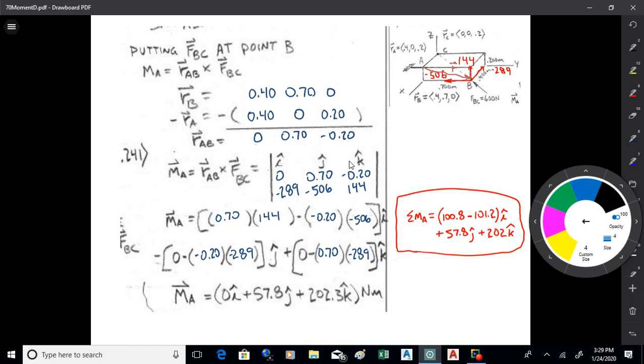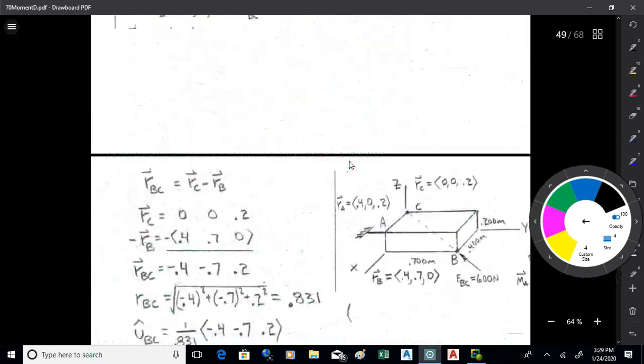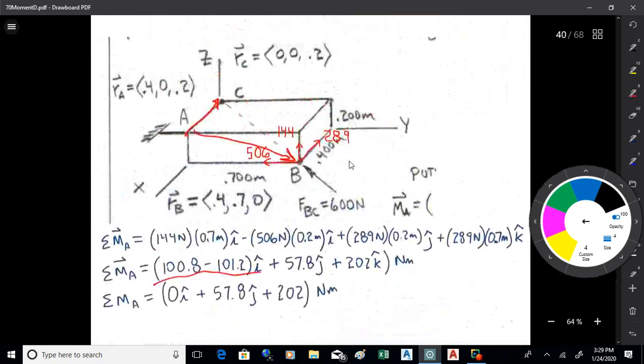Now, as I think I had a picture of this drawn up where I showed the moment vector and then showed how that was normal to the rotation that would occur. Another way to visualize this is that force vector is like a rocket or something. You have a rope tied to the rocket and it'll just swing around that point. The moment vector then is normal to that plane in which that force would rotate.